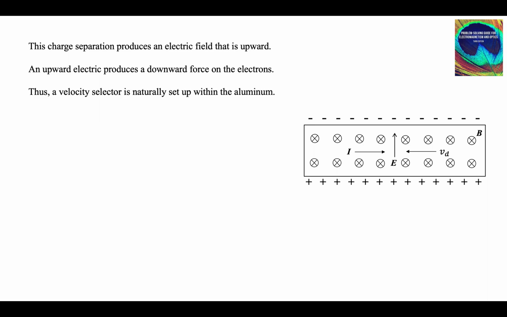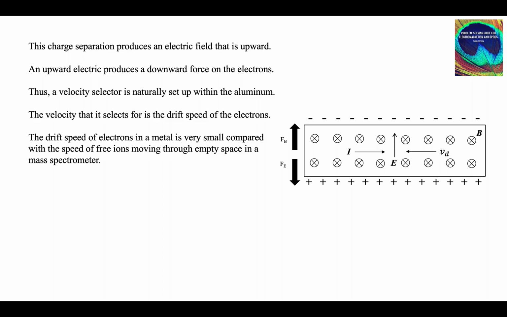Electrons are negative. Thus, a natural velocity selector is set up in the aluminum. The magnetic force pushes them upwards, but then when they go upwards, that produces an electric force downward. Those are the two forces. And the velocity that it selects for is the drift speed of the electrons, V sub d.